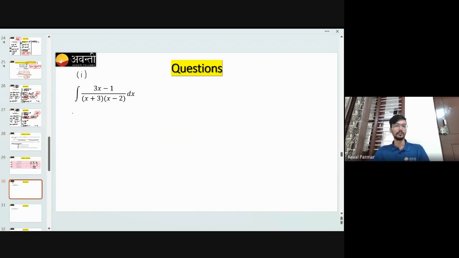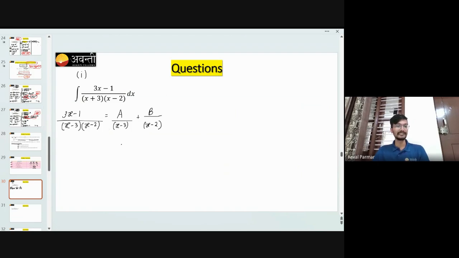Got it? So that means I can write this rational form 3x minus 1 upon x minus 3 into x minus 2 as linear form or partial form as A upon x minus 3 plus B upon x minus 2.